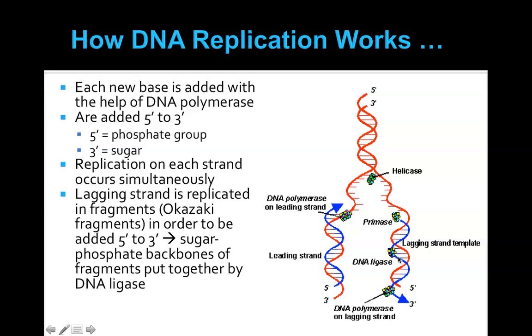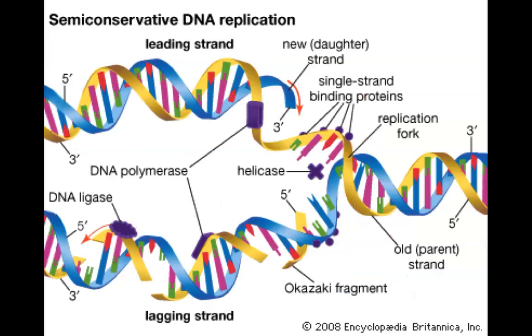Primase comes in, makes another RNA primer, DNA polymerase then adds those bases again. Fortunately, there'll be a break here between the sugar and phosphate backbone, so DNA ligase comes in to seal that break. Okay, and those little chunks are going to keep happening until we get to the end of the lagging strand.